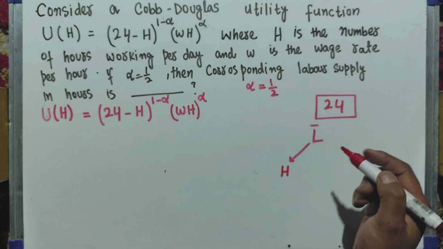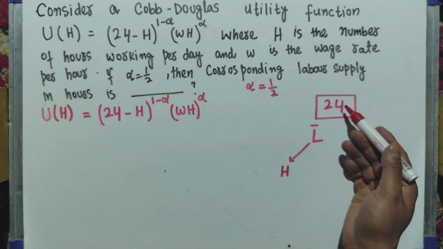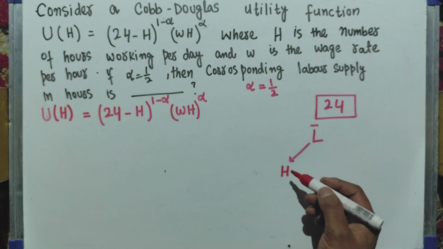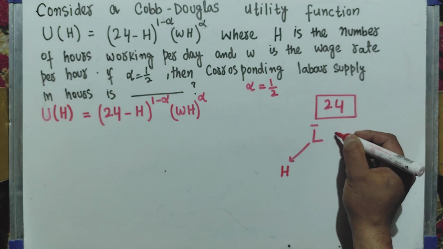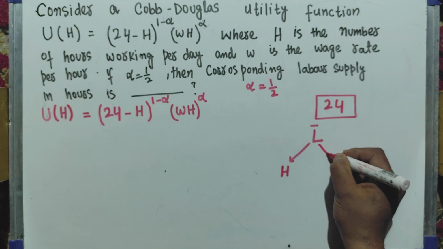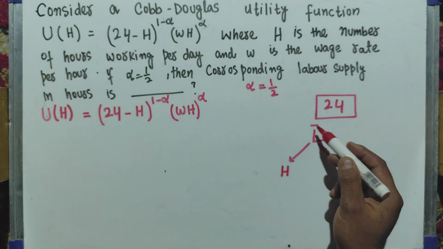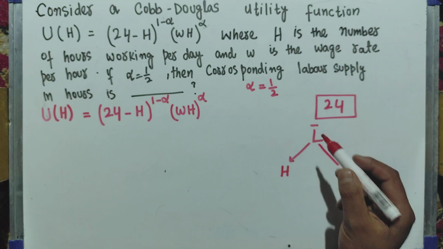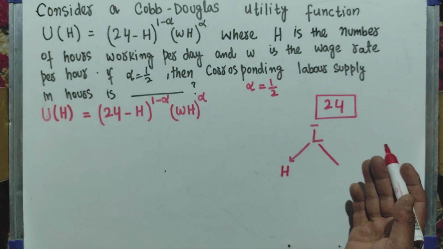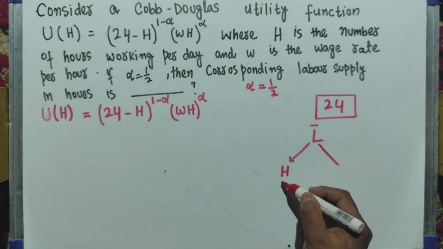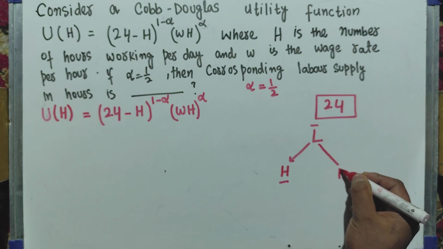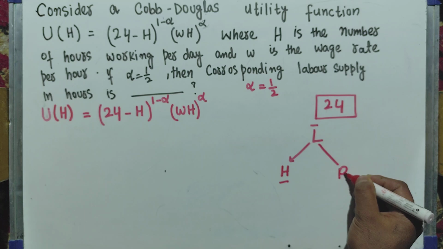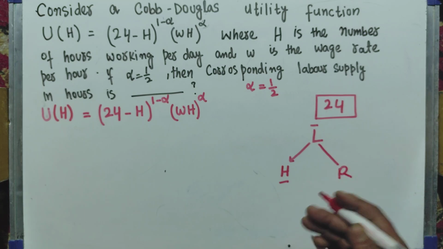So with total L bar, the hours available for this person, he can work for h hours and he can do leisure, that means spend his time doing other stuff.